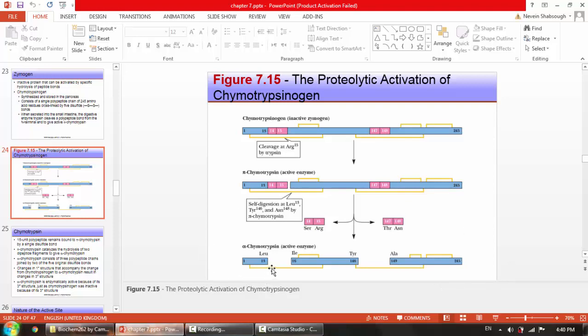This is the active form of the enzyme. The 2 dipeptide fragments are cleaved.